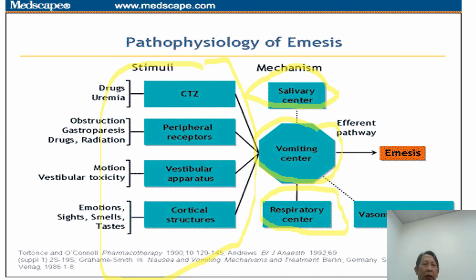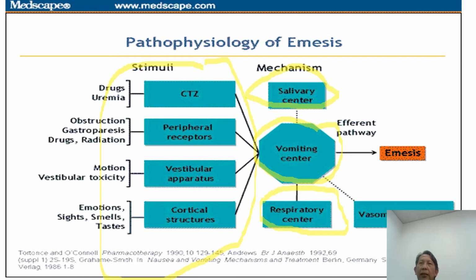Then the vestibular apparatus: any motion or vestibular toxicity can cause vomiting. And on the cortical structures, afferent impulses may also arise from unpleasant sights and odors.